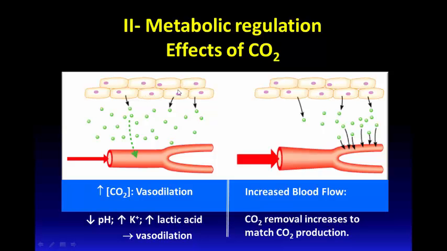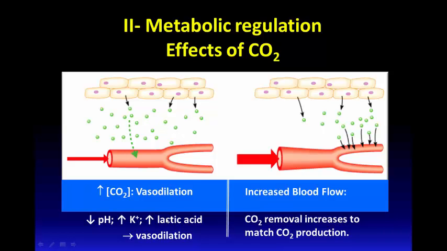The increase in the metabolic rate of the tissue or the reduction in blood flow through the tissue also result in the accumulation of hydrogen ions in the interstitial fluid, hence lowering the pH of the interstitial fluid, and also potassium ions and lactic acids accumulate, and accordingly their concentrations increase in the interstitial fluid.